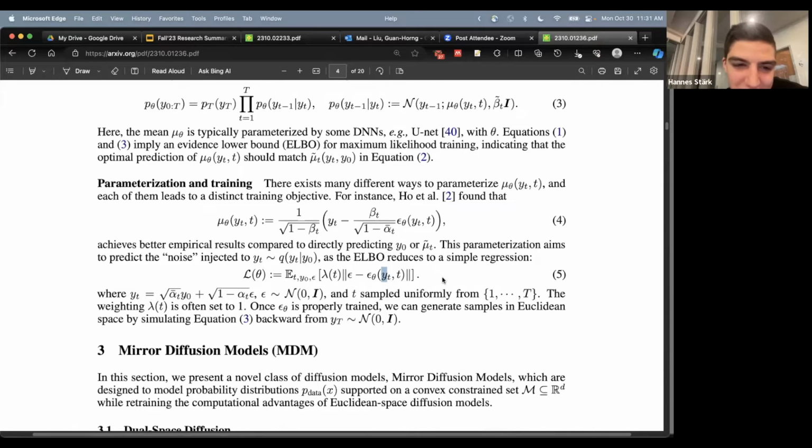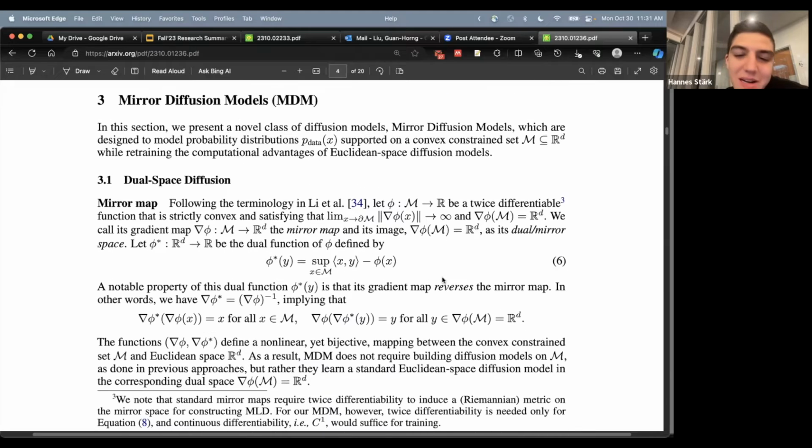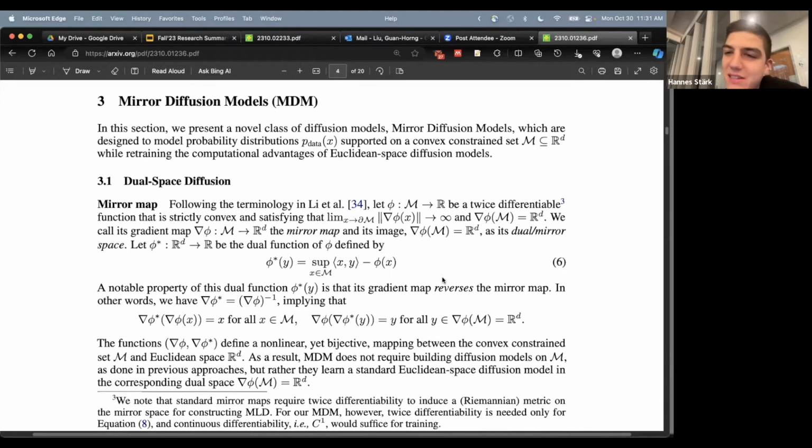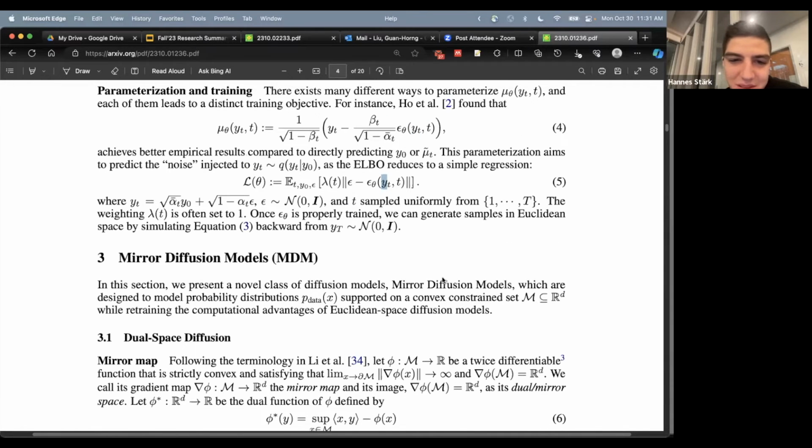Maybe you can also make your latent diffusion model analogy here. I think that might be helpful for some people. Right. So one other way to understand mirror diffusion is that you can view it as a specific type of latent space model.